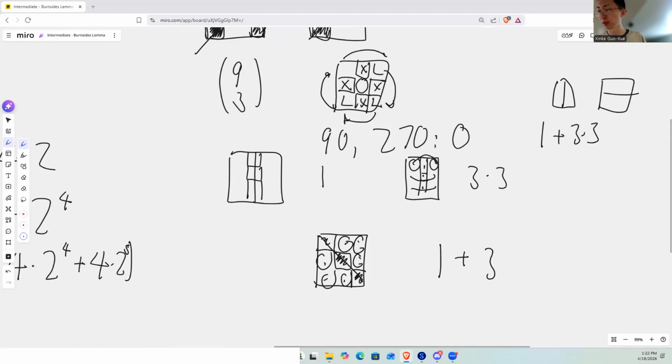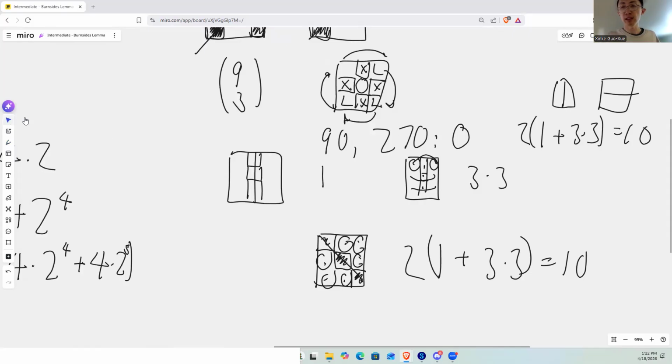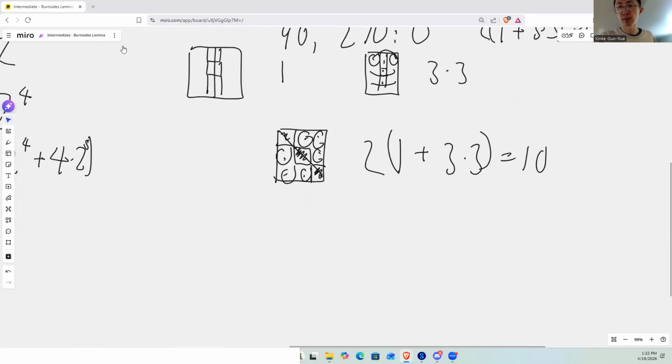So times 3. So that's also 10. And there's 2 of these. So by Burnside's lemma, the number of distinct orbits is 1/8.